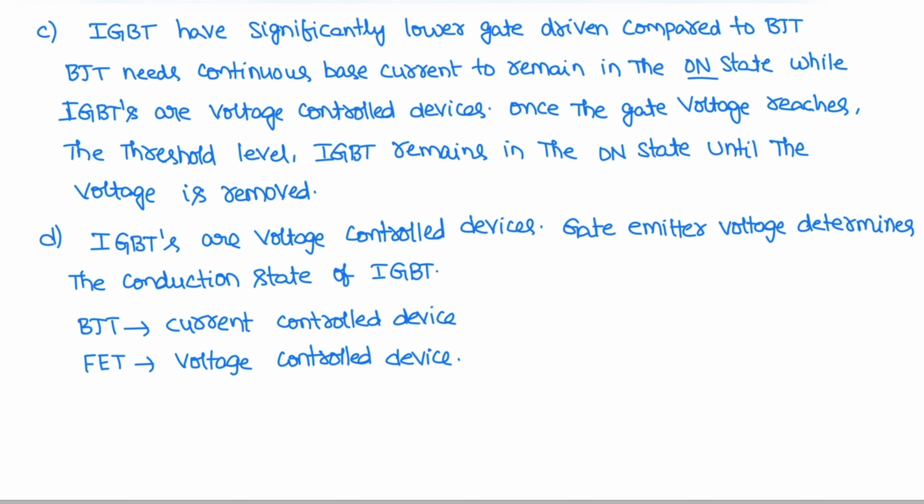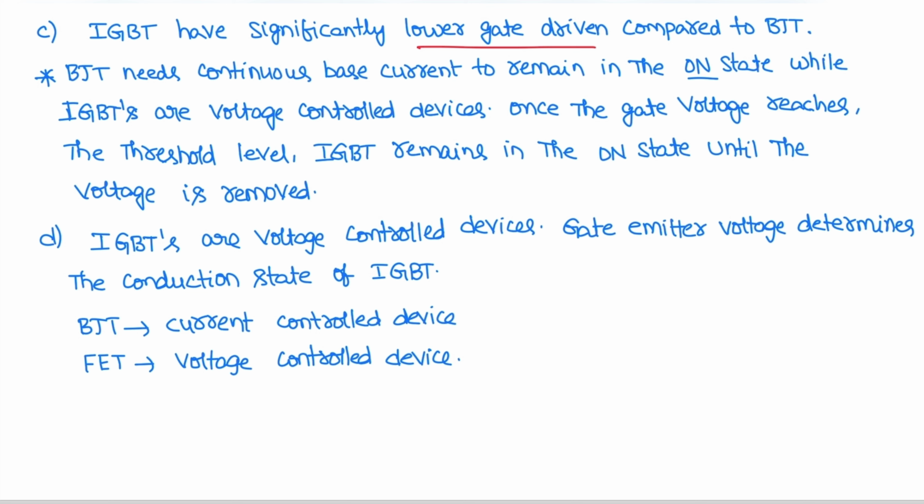So IGBTs are voltage control devices, BJT is a current control device, FET is a voltage control device. IGBT has significantly lower gate drive compared to BJT. BJT needs continuous base current to remain in the on state, whereas IGBTs are voltage control devices.